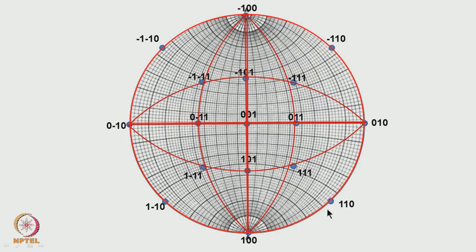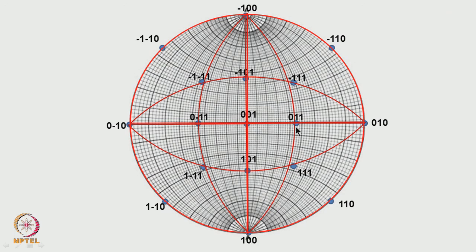Okay. So, now we have essentially got these points, okay, and we know that 011 makes an angle of 45 degrees with respect to 001 as well as with 010. So, that should lie on this equatorial line, and we can also make out that if 100 is a pole, the great circle corresponding to it, which is 90 degrees away from it, is this line, and we know that 010 makes an angle of 90 degrees with respect to 100.